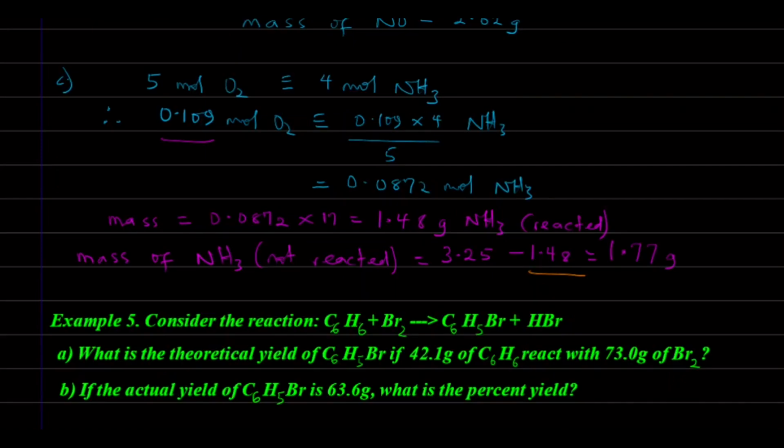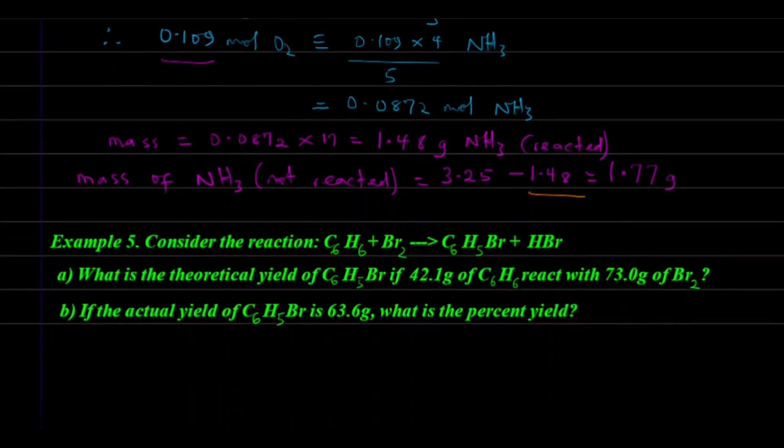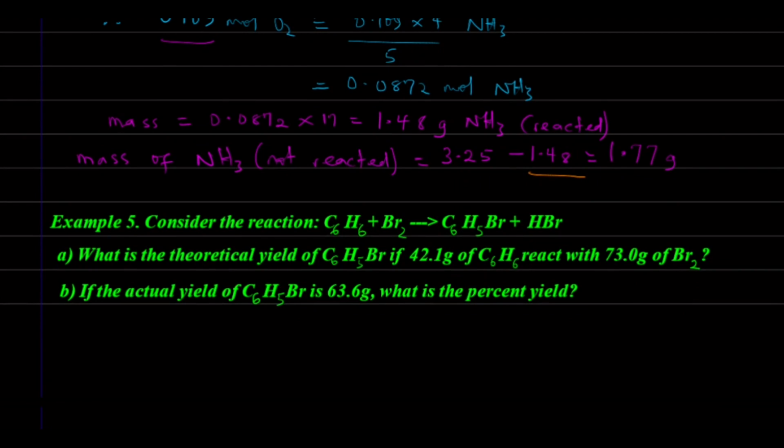Let's consider this example. Consider the reaction C6H6 plus Br2 produces C6H5Br plus HBr. That is to say, benzene reacting with bromine, that is halogenation of benzene, to give us bromobenzene and hydrogen bromide.